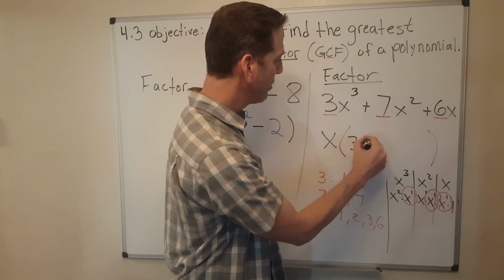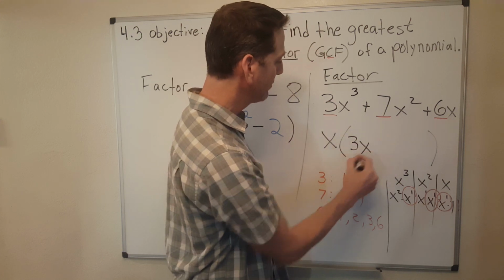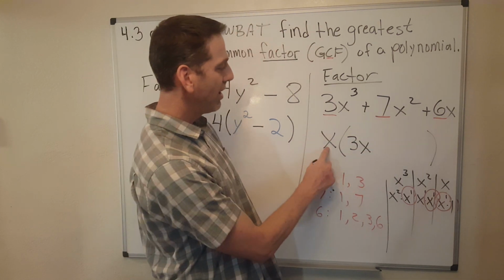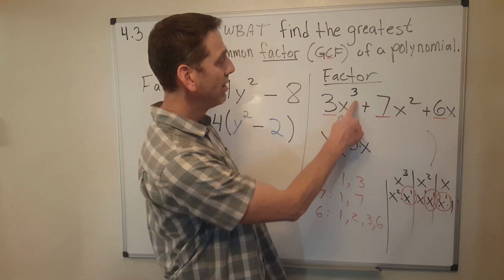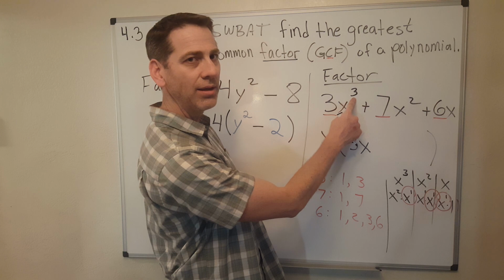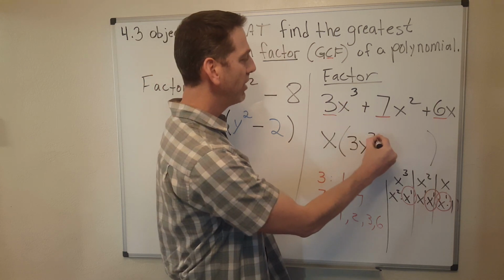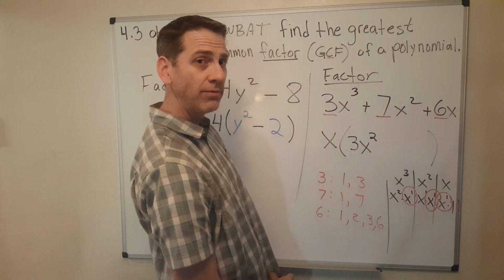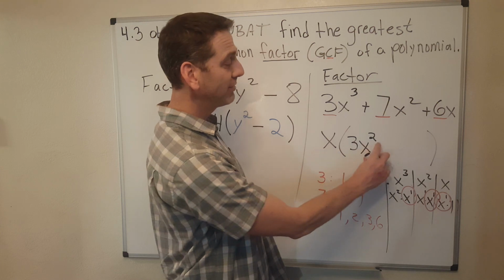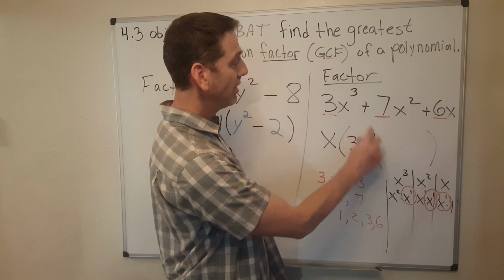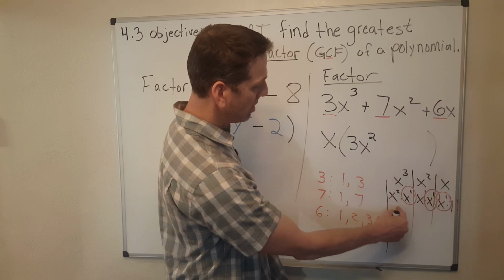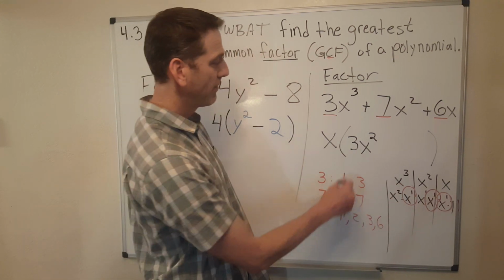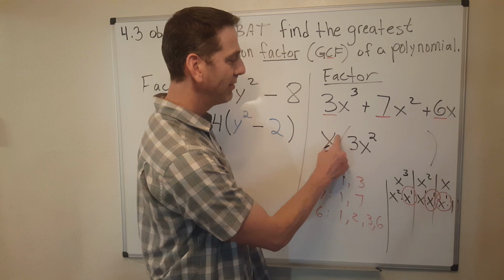So I need an x, correct? So x times x is what, x squared? Oh, not quite. But if I put a 2 there, x times x squared is x to the third, right? Just like what we had right here. Okay? So again, you're just adding these exponents.